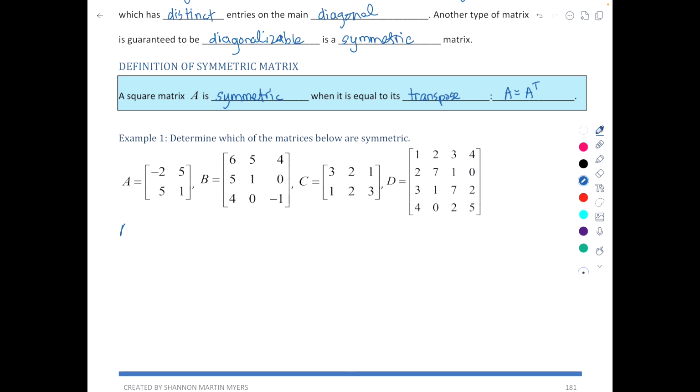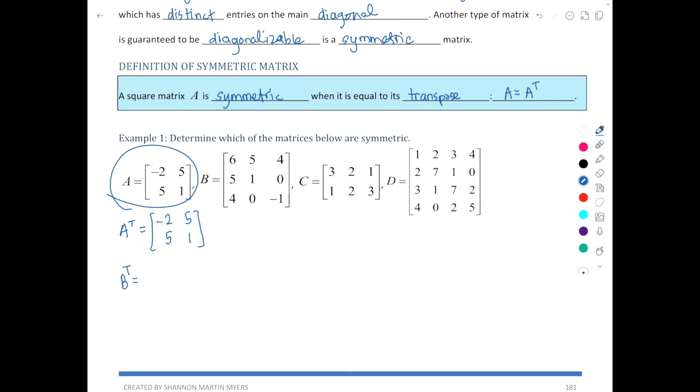A transpose is equal to, if I write the first row as the first column, I'll get -2, 5. And the second row as the second column, I'll get 5, 1. And that certainly is the same as A. So A is symmetric.